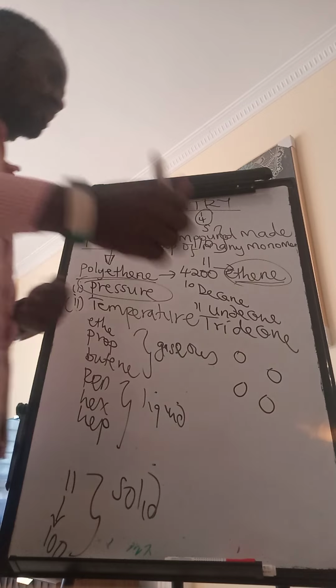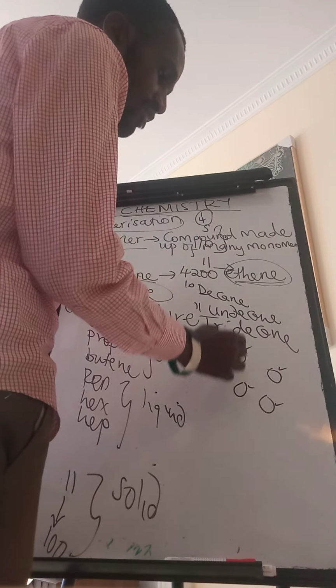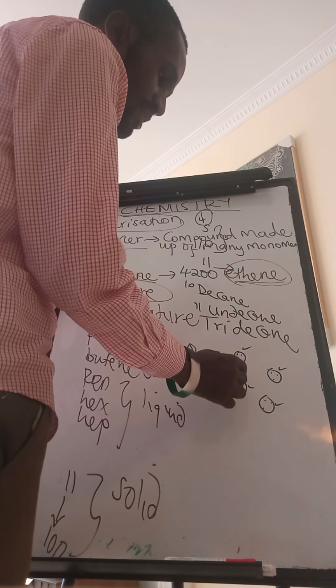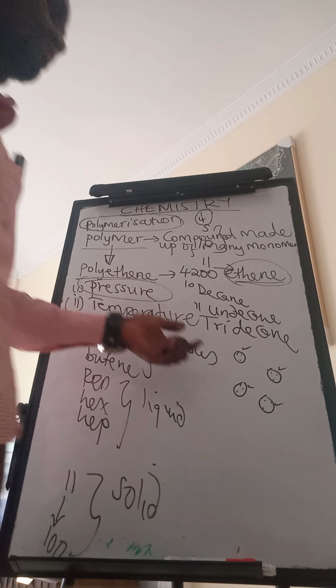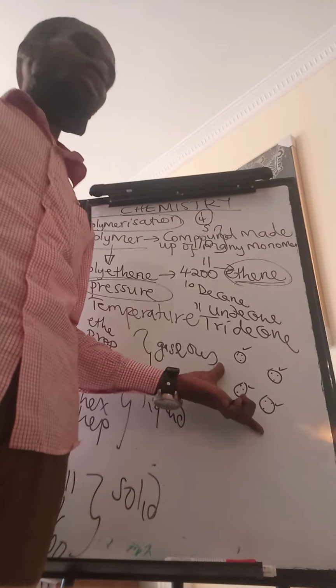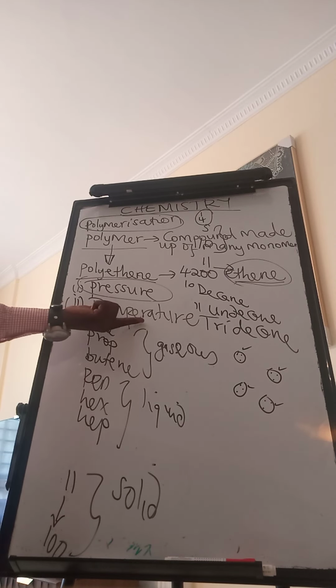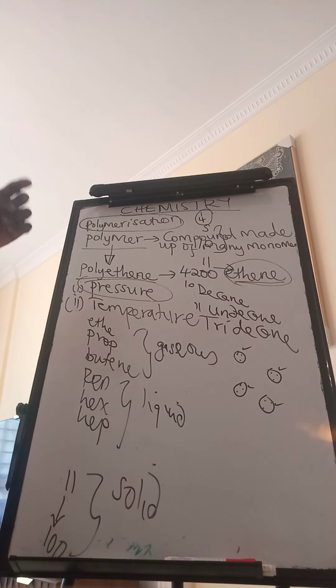If this is the first monomer, the second, the third and the fourth, their particles are far away from each other, so it is very easy for us to compress these monomers to get the polymer. So a high pressure and a high temperature can be employed in compressing monomers to give the polymer.